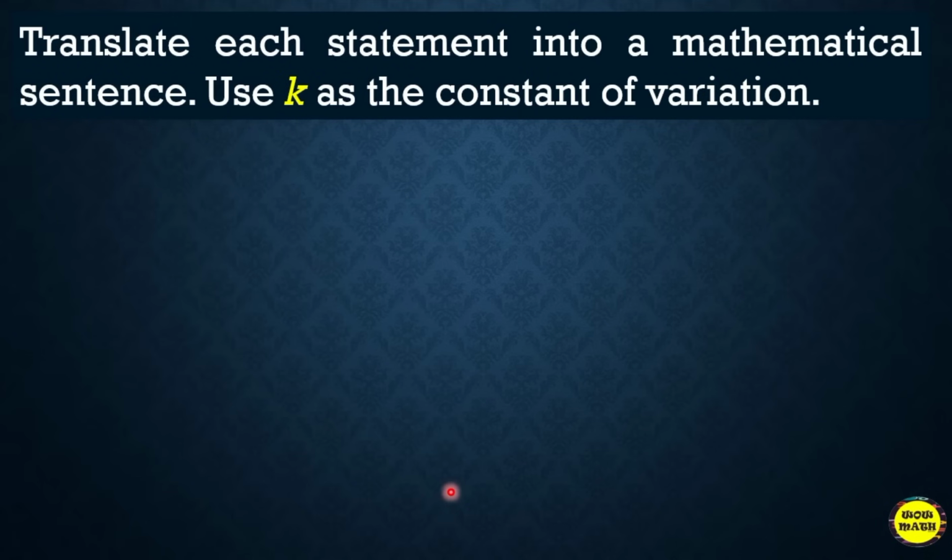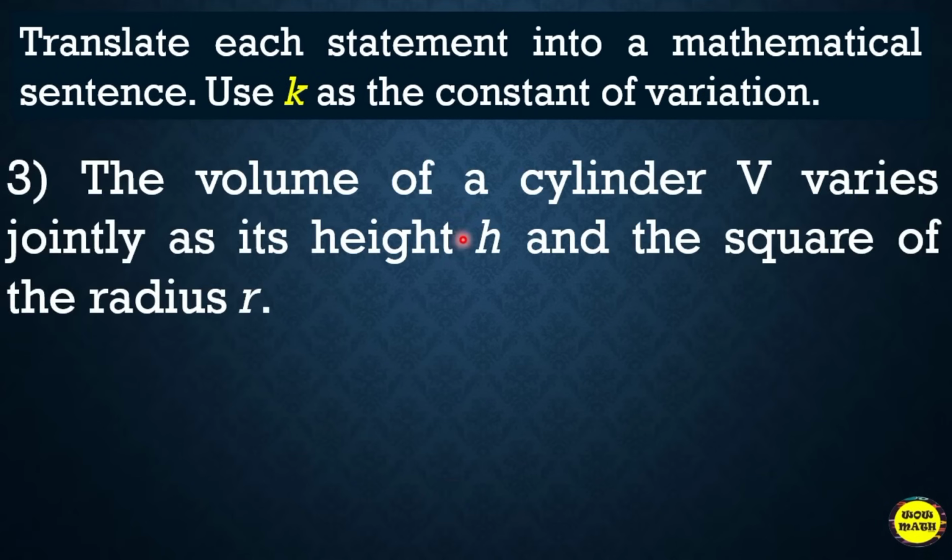For number 3, the volume of a cylinder V varies jointly as its height h and the square of the radius r. So, that is V equals KH, and since meron tayong square of the radius, so magiging r squared yan. So that is V is equal to KH r squared.